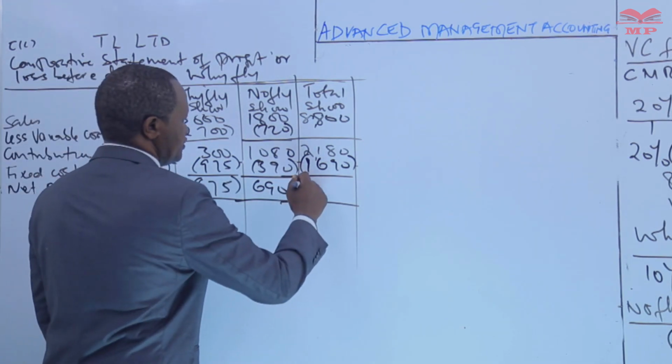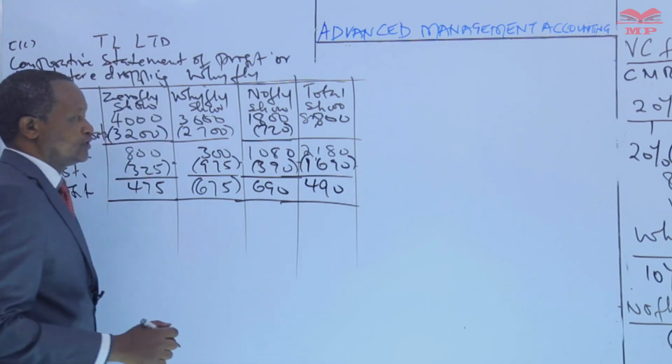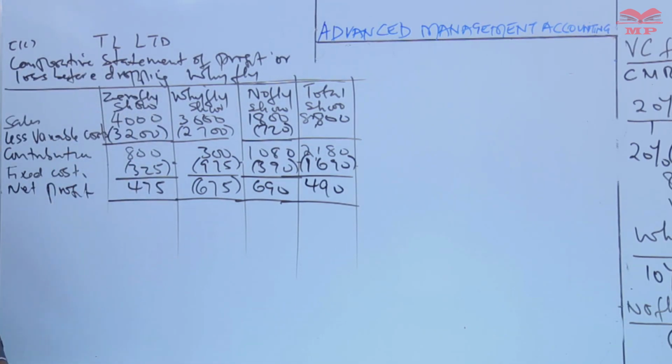Can someone else confirm, please? It's 490,000. That is the total profit before dropping Y-fly. Korir has confirmed.